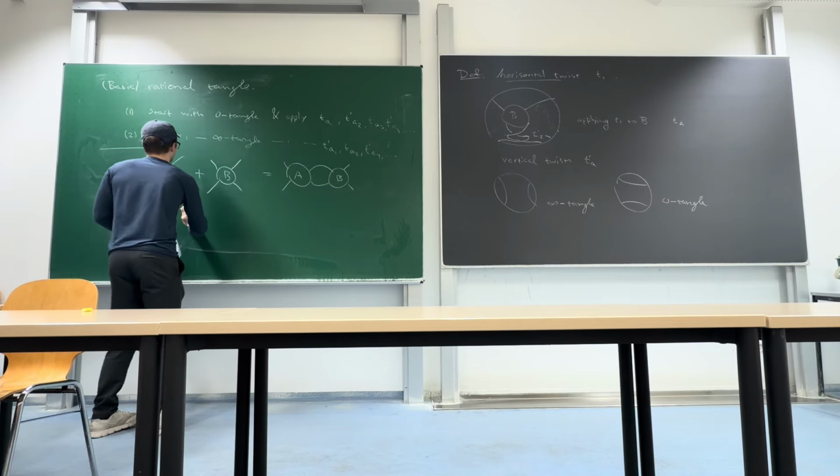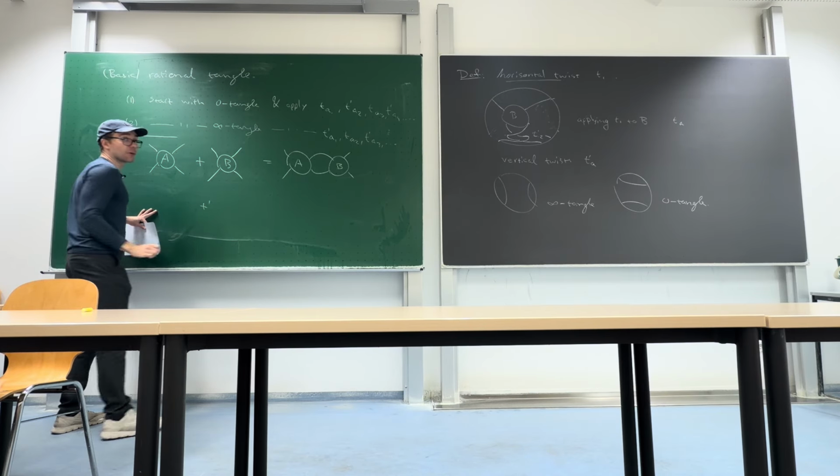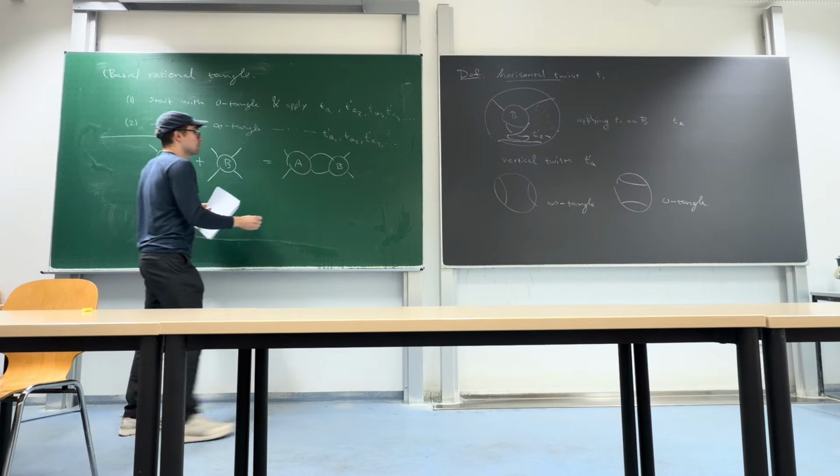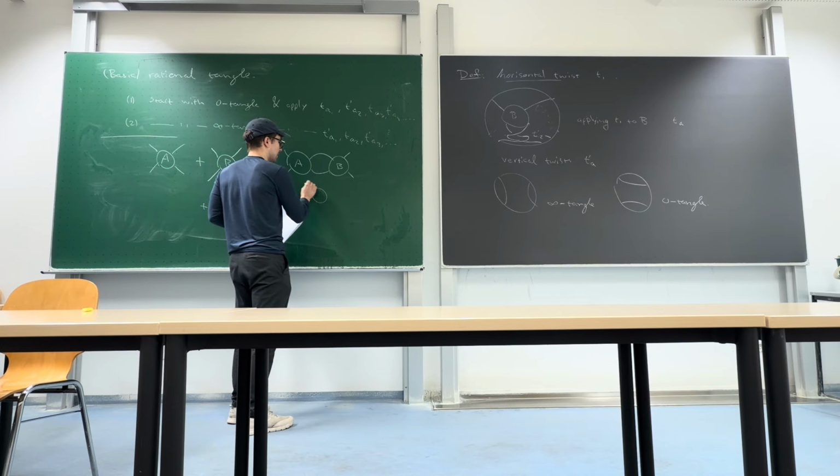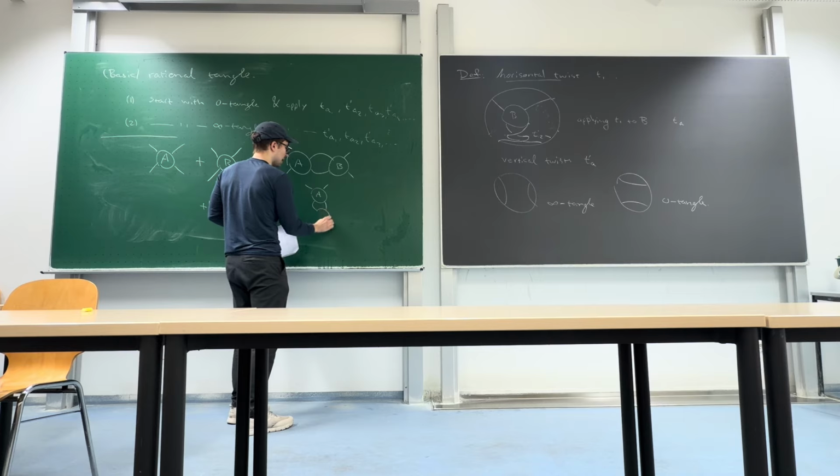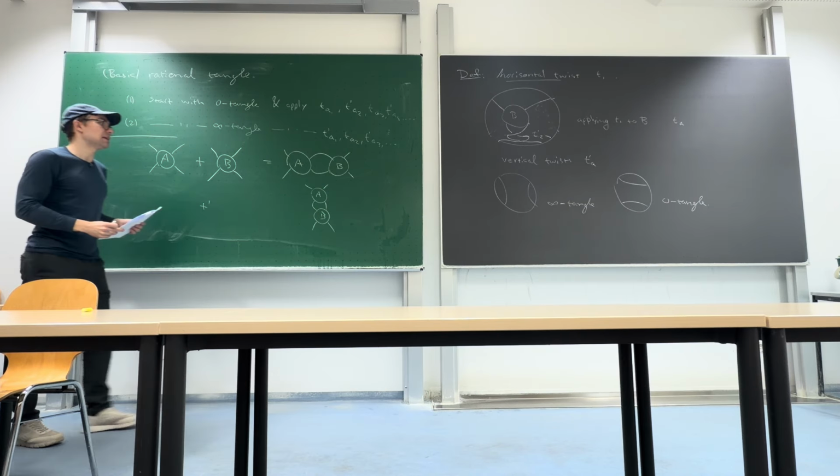And then we also have the plus prime notion, where we paste them vertically instead. This will give us a new tangle, and it will also give us a new rational tangle if both A and B are rational.